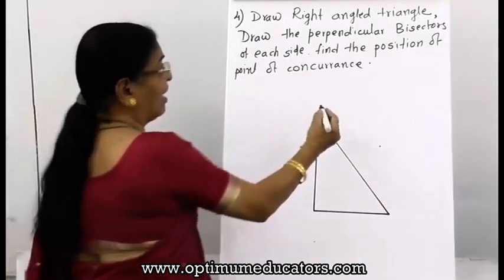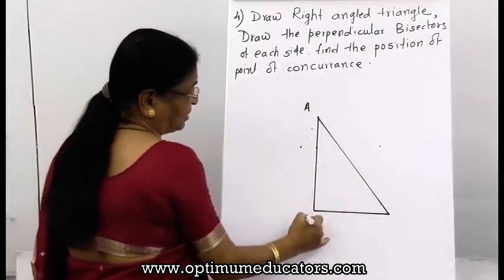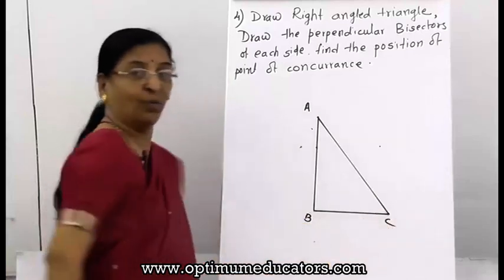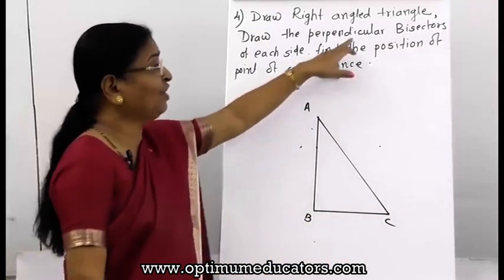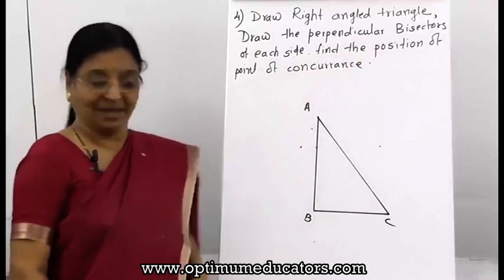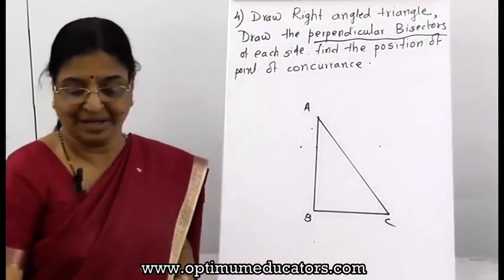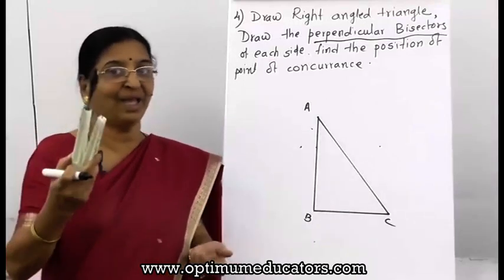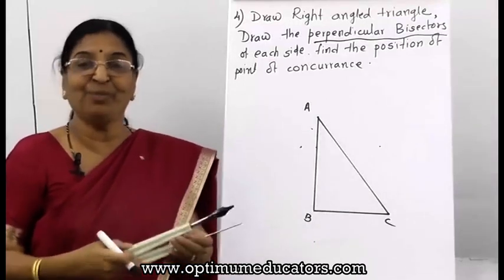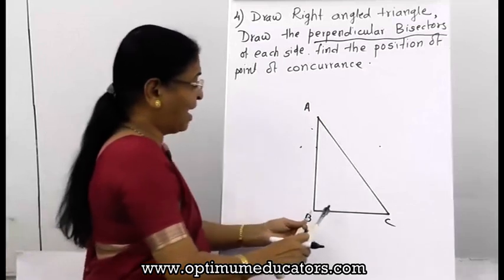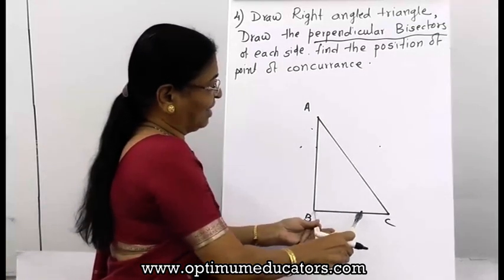Now what? Again mark it ABC, and now we want what? Perpendicular bisector. Underline this, so you will not mistake it for angle bisector. Again the same thing. Here the distance should be carefully selected to be more than half.